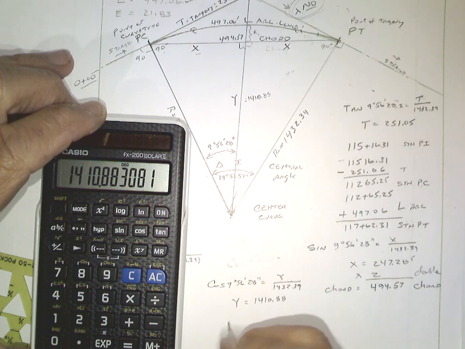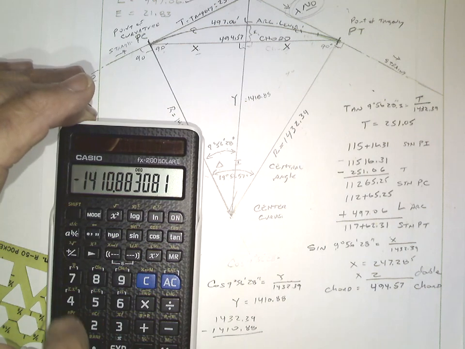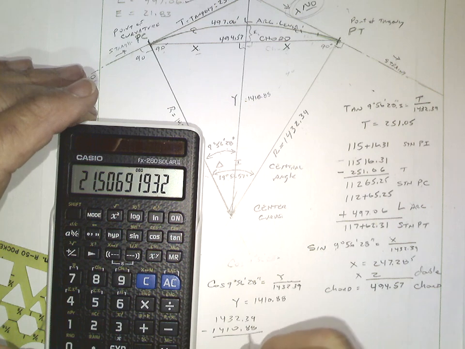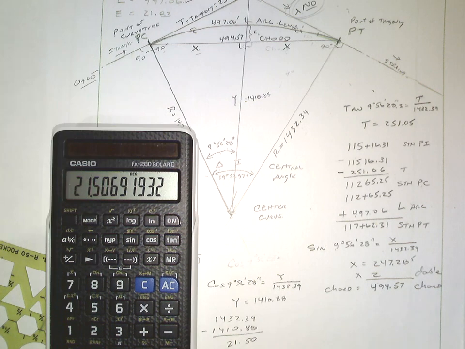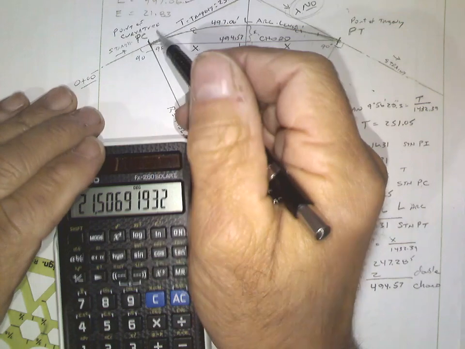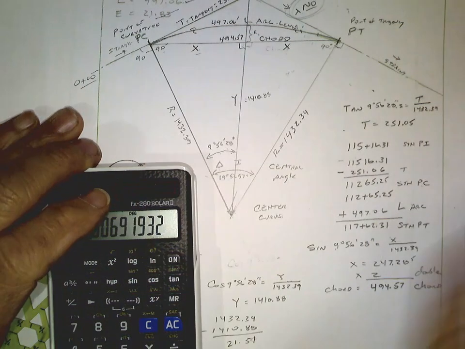And if I subtract that from the radius, I get 21.51. Now, they get 21.83, and I don't know why. I disagree with that number.